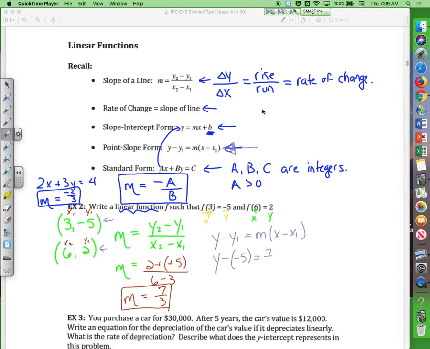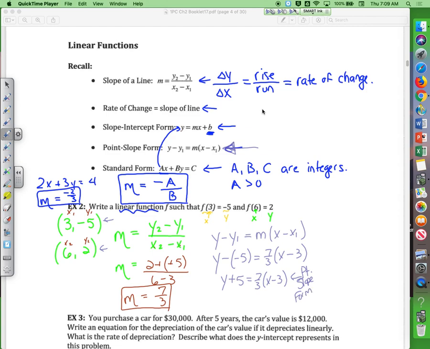The slope I just found was 7/3. And then the x coordinate, x1, is 3. I'm going to get the same equation if I plug in 6 and 2 if I simplify it. When it's unsimplified, it doesn't look the same. So I can leave it this way. This is my point-slope form for the equation of the line.